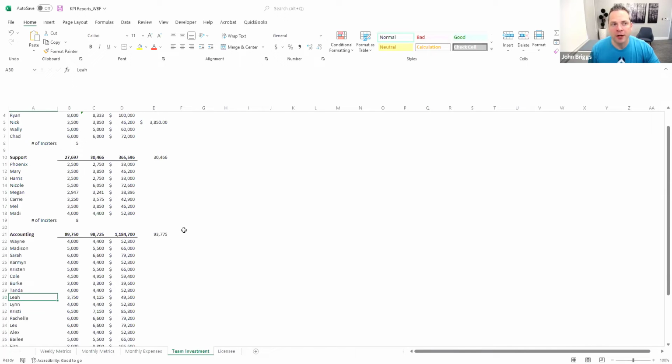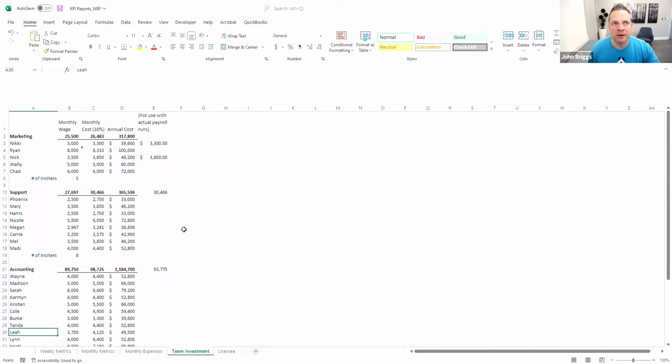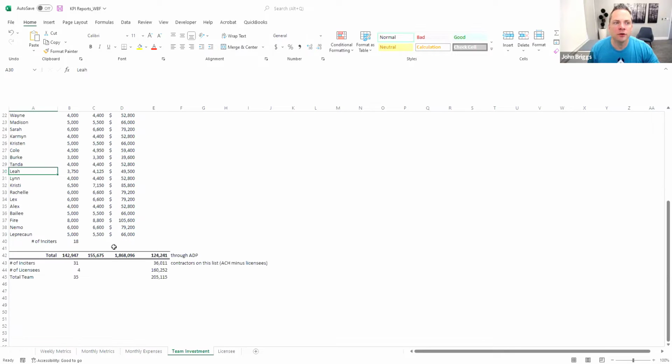You can also break out your team members so you have a clear place to see them. An interesting format here is you have their wage amount, but as a business, for their W-2, you have a separate cost on those. So that takes into consideration the additional cost for unemployment insurance and payroll tax. And then you have an annual cost. So then you can see what's the annual burden for this particular team, right?